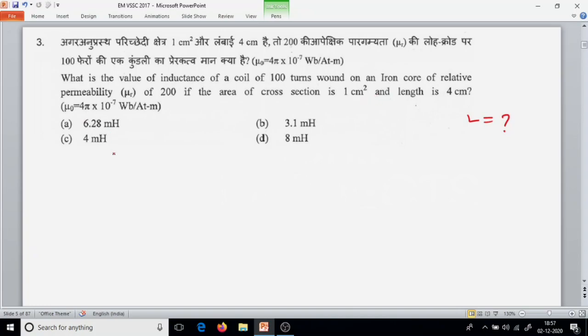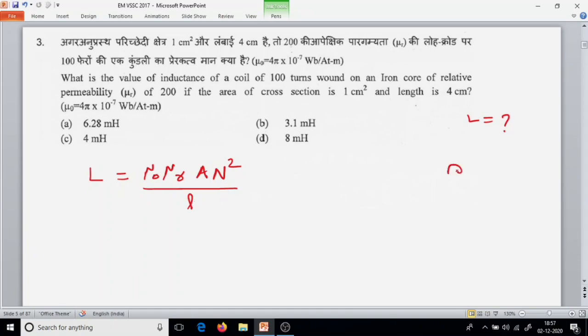This question is based on air core inductor. So for an air core, inductance is equal to mu naught mu r A N square divided by the length of the inductor.